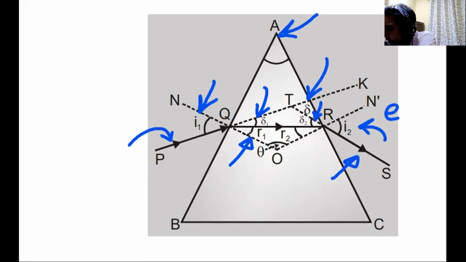This angle delta is the angle of deviation from the prism, which is nothing but the angle between the incident ray and the emergent ray. Do we remember this much? Yes, sir.